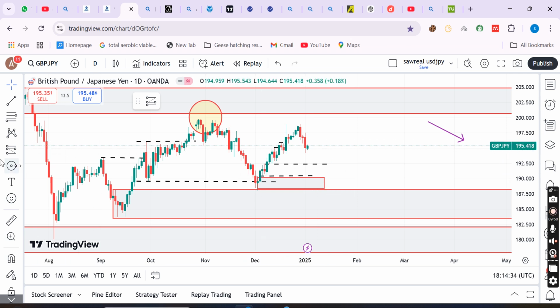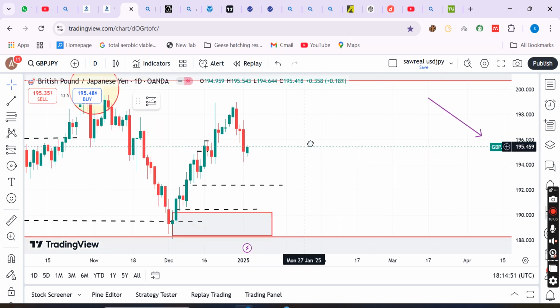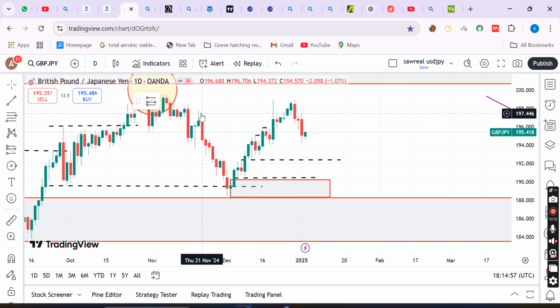Subsequently, I'm expecting that price would fall off. Based on this side, you can even see from here also, there are breaks of structure to the upside.